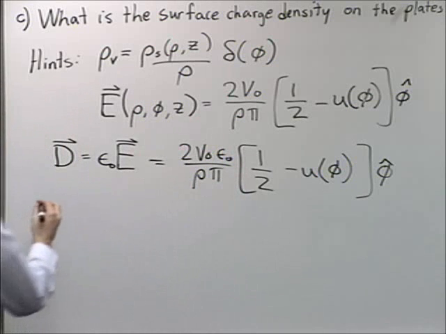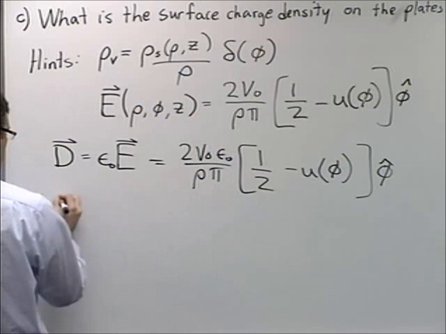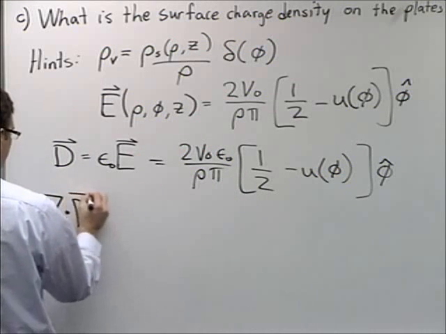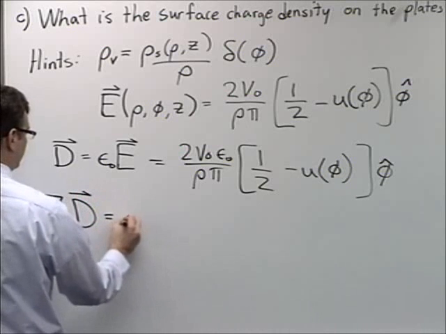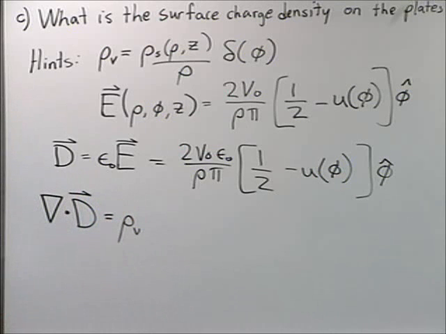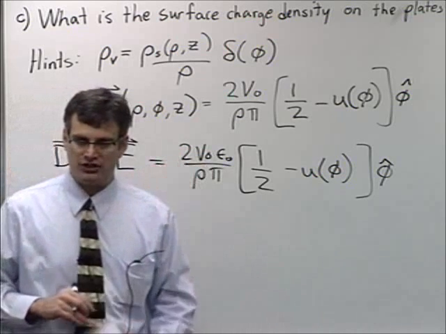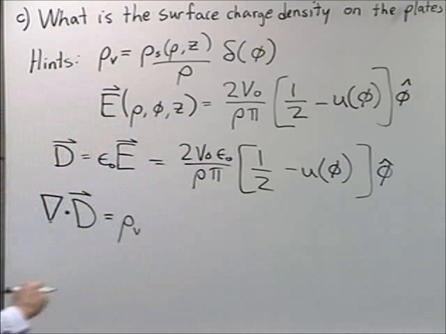And I also know that the divergence of D is equal to the volume charge density. The sourciness of your field is equal to charge. And it turns out that using this relationship, you can tell exactly how much charge is on that plate. So let's see, what's it going to be?